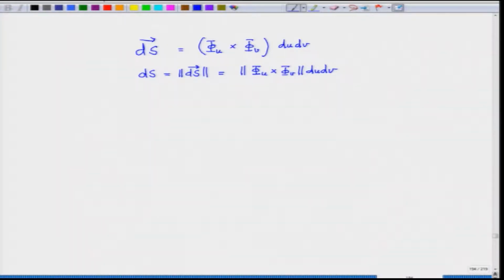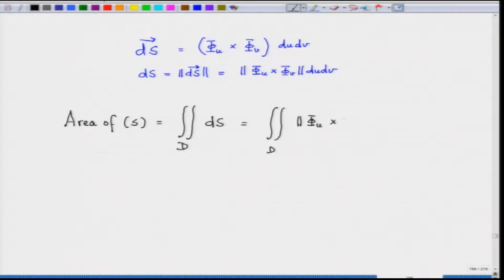And so the area of S is the integral of ds, which is nothing but the integral of the norm of phi u cross phi v du dv. So, Taylor's expansion is the secret of many things in calculus. Please understand this, and that is exactly what you want.